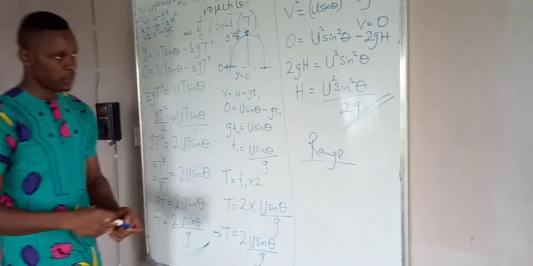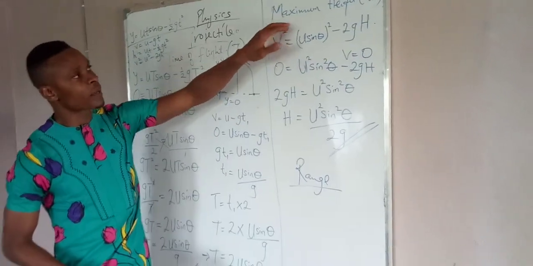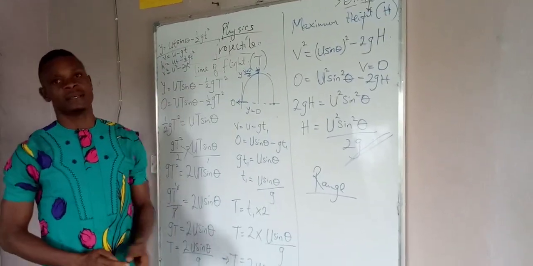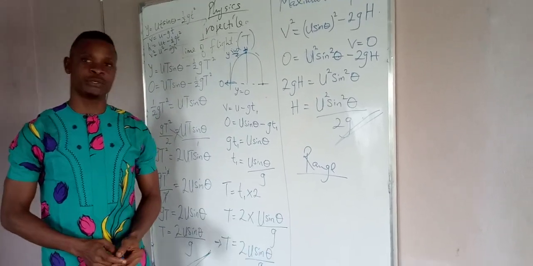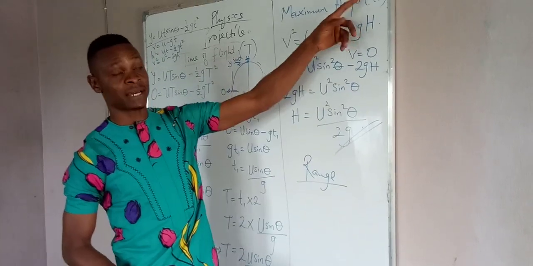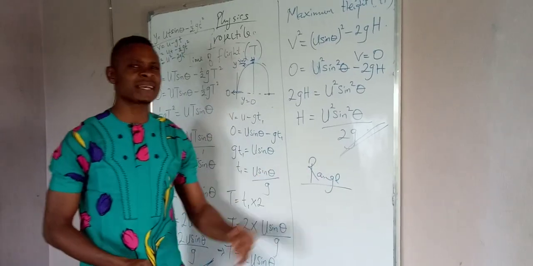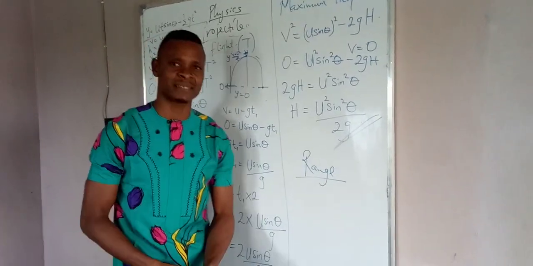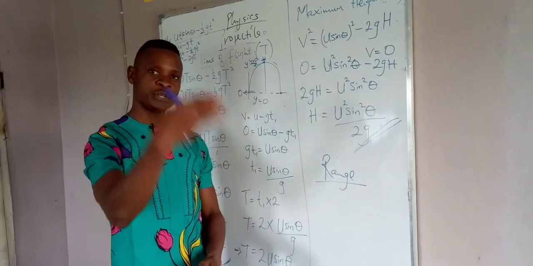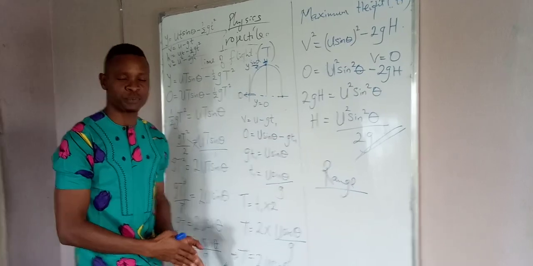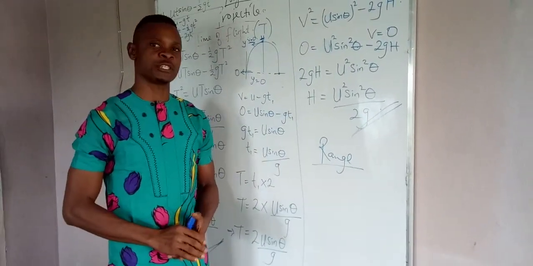The range. We said that the maximum height first is the maximum vertical distance the projected object would get to from its horizontal plane. But here, the range is the maximum linear, horizontal distance the object would reach from its point of projection to a new point on its plane of projection.